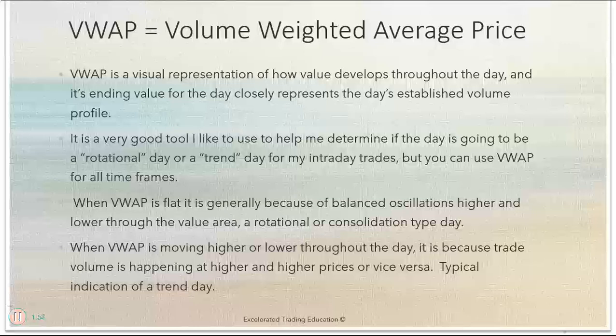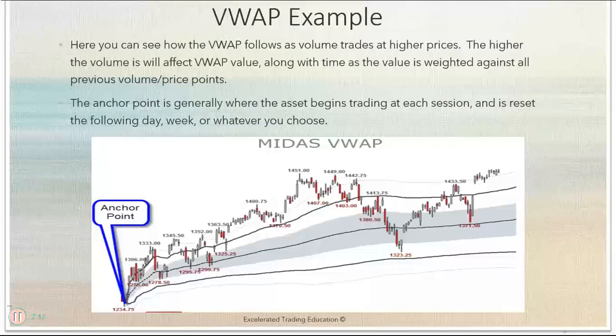When VWAP is moving higher or lower throughout the day, it is because trade volume is happening at higher and higher prices, or vice versa. Typical indication of a trend day. And when I say trade volume is happening, it would be specifically trade buy volume or trade sell volume, that the pressure is pushing it in one direction versus back and forth.